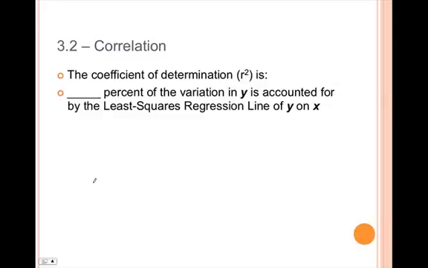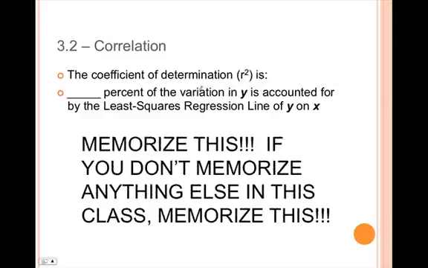The coefficient of determination, r squared, tells me what percent of the variation in y is accounted for by the least squares regression line of y on x. You need to memorize this, okay? If you do not memorize anything else in this class, you need to memorize this sentence. And I bolded the y and the x because you're not going to say y and x.